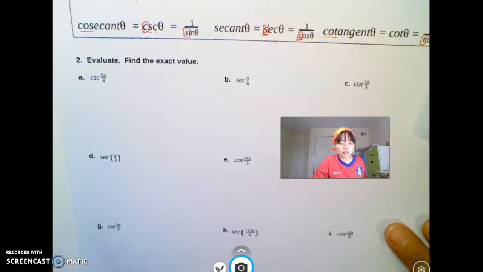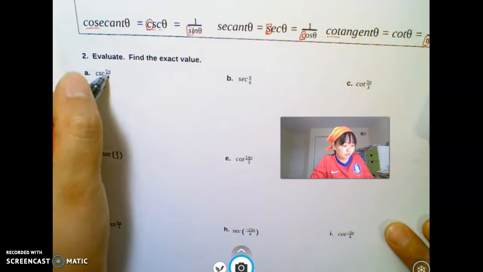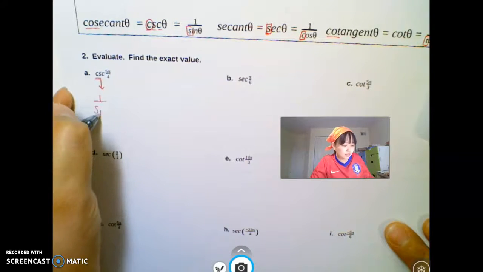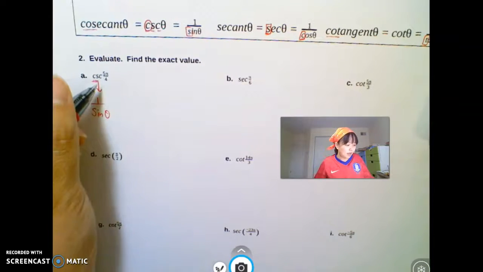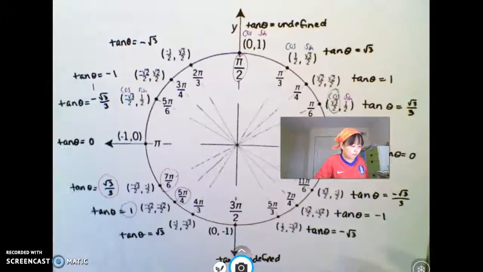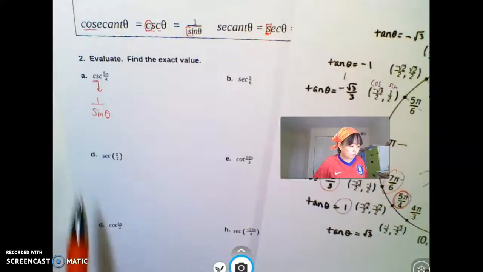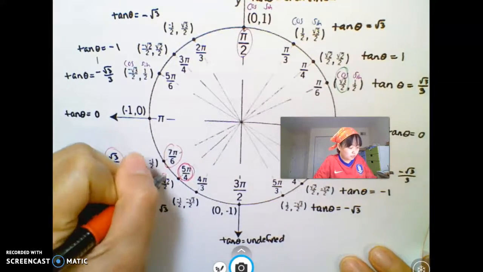So if you look at this, this is cosecant of 5 pi over 4. So what is cosecant? It's C, right? So think about it as the opposite, the flipped reciprocal of sine. 5 pi over 4. So back to your unit circle, 5 pi over 4 is right there. So what are we looking for? We're looking for sine. So this is always cos, this is sine.